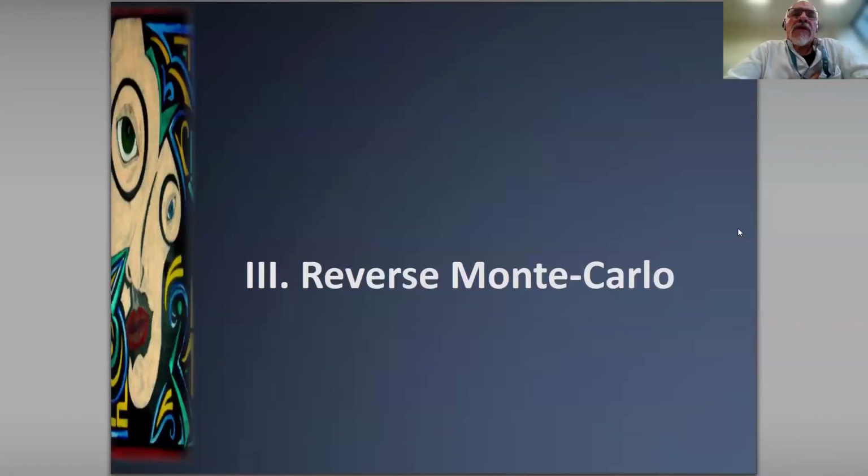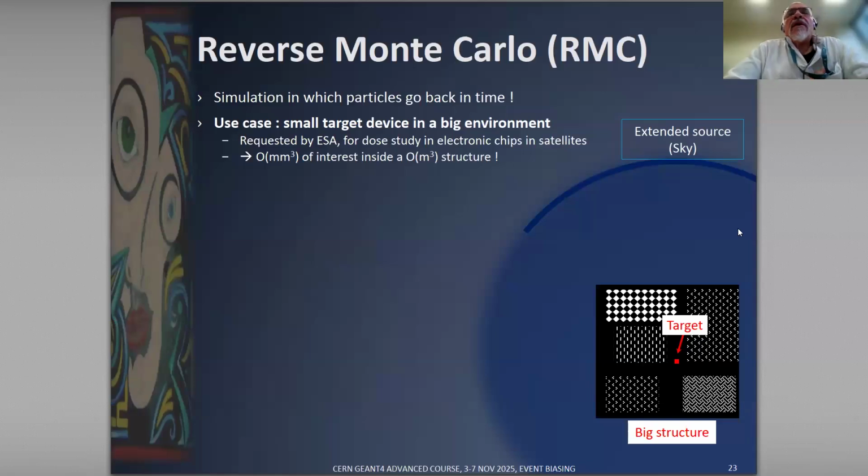Reverse Monte Carlo. So this is a fancy simulation in which the particles go back in time. The use case is shown on the right. So you assume you have a device, typically a satellite, in which you have a small critical part, which is the red one, and which is typically, let's say, the silicon of a CPU, which is there to control the satellite.